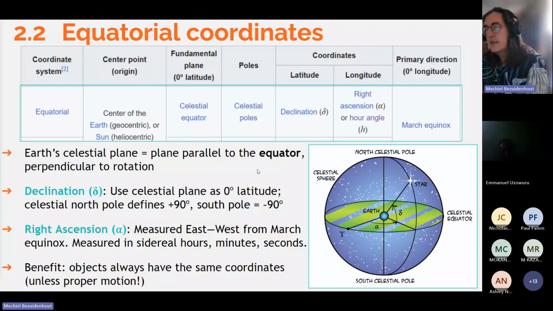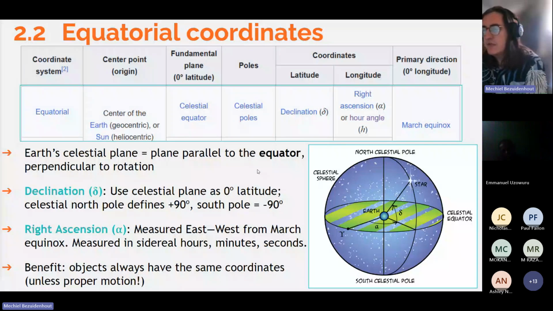So that's an important point to always remember: declination is measured in degrees, whereas right ascension is measured in hours, minutes, and seconds, and that can be an annoying convention to deal with, as I'll show you in a few seconds. But you just have to bear that in mind.